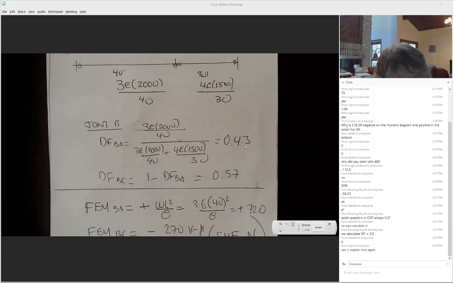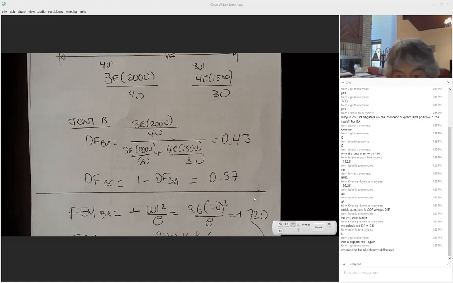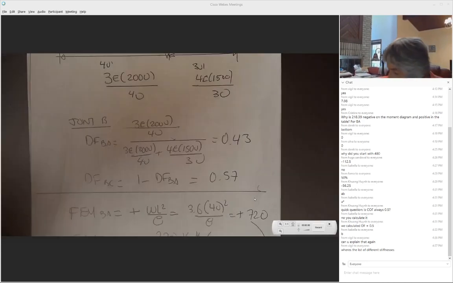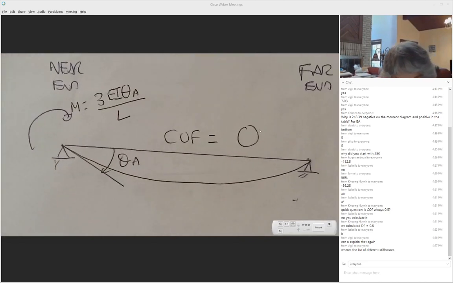So now I have 0.43 and 0.57. Before I had 0.5 and 0.5. Every time that I use 3EI/L, the carryover factor is 0.